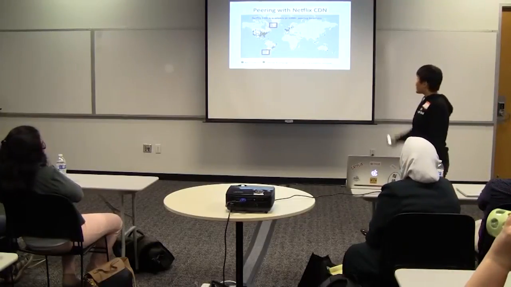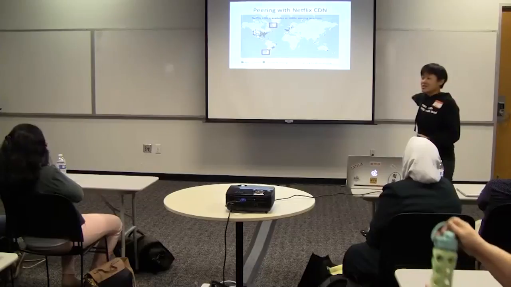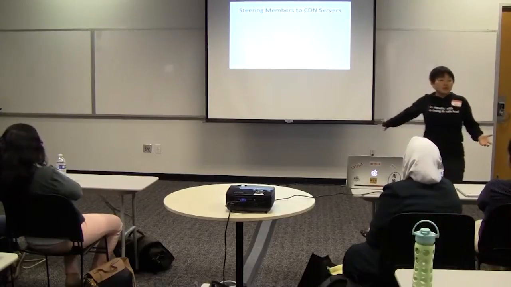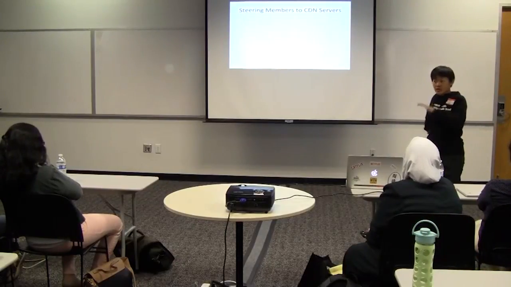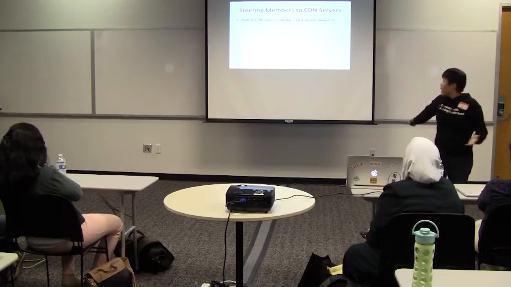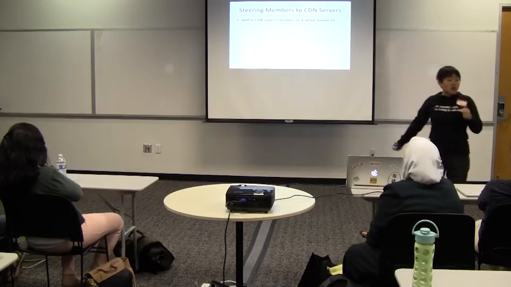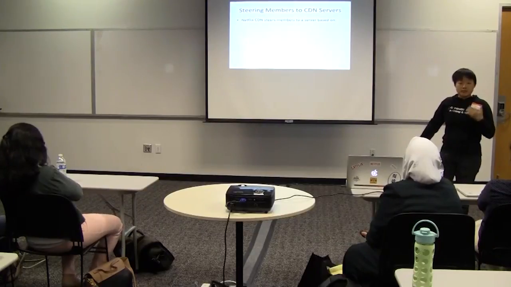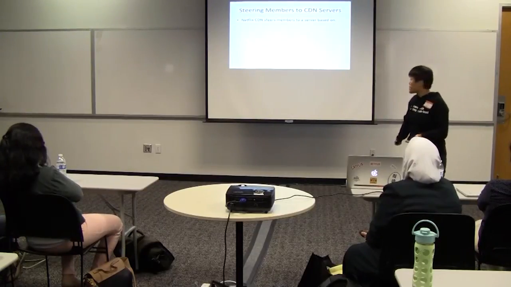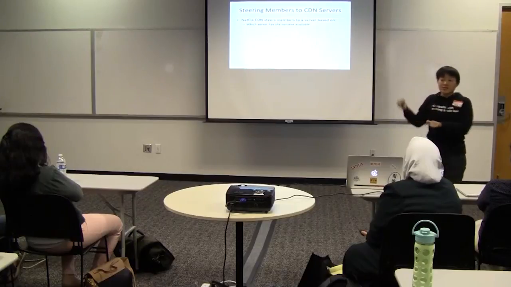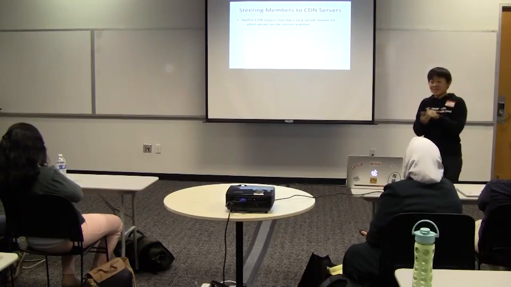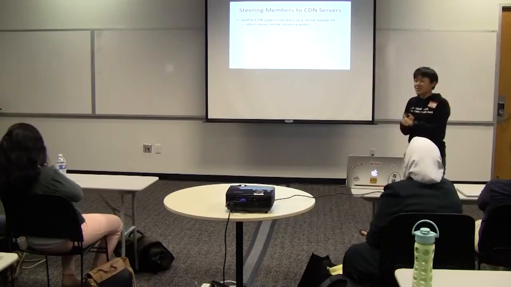All right, given that we have so many content servers, how do we know which content server our members should go to? We use a number of metrics to calculate which one will best serve a customer. Obviously, first of all, which server has the content that you are requesting.